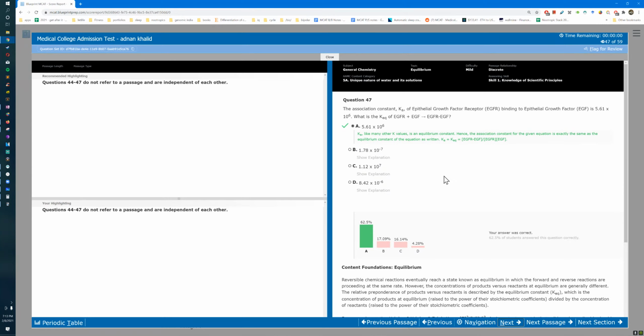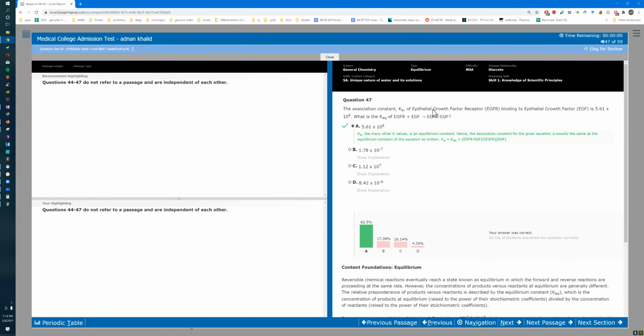This one, so I know that you looked at it like, it's the only number here, but I just want to tell you that it's an association constant for EGFR, and we see over here EGFR plus EGF, they associate to get to this, the binding of EGFR, EGF.